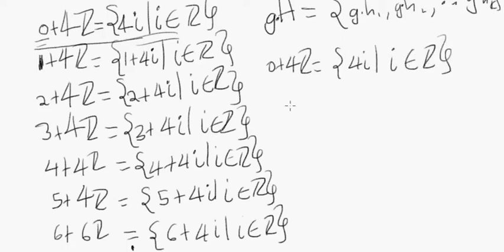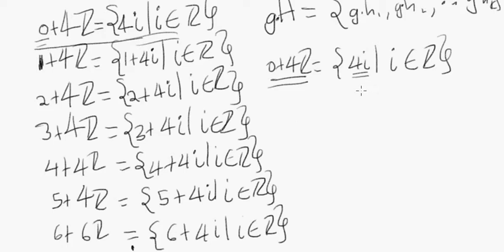Well, what's another way of stating this? The set 0 plus 4z could also be thought of as all integers that are divisible by 4. Does that make sense?